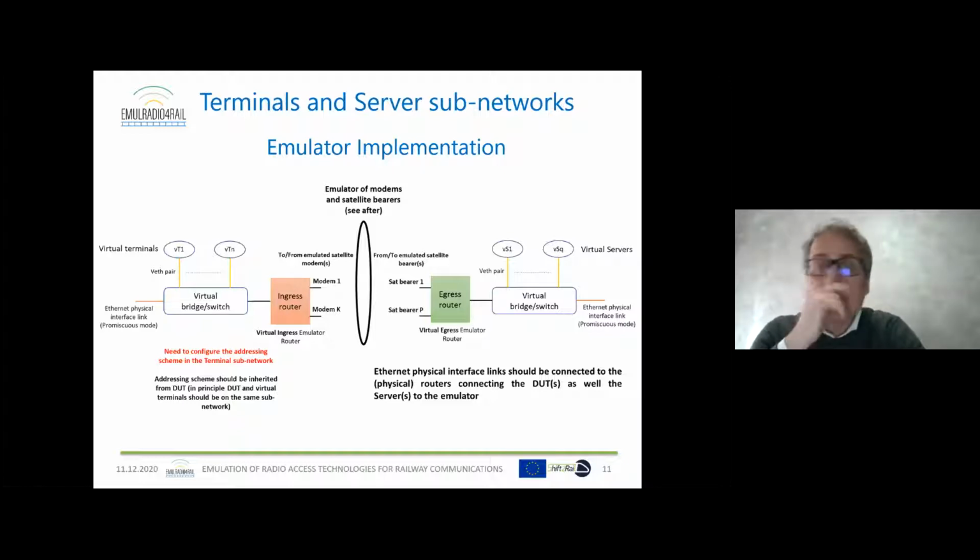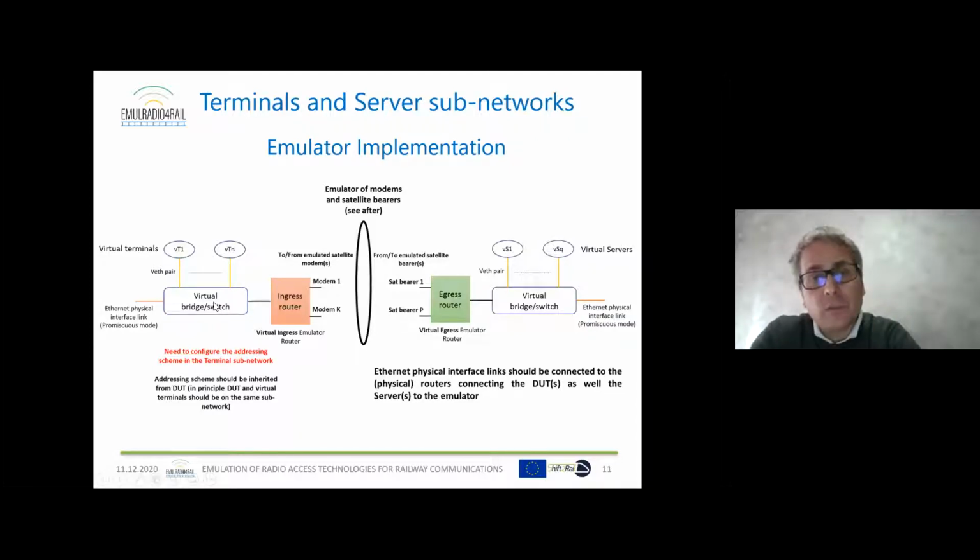If we consider the entire transmission of the satellite link and the implementation of the single components, we have the figure shown in this slide. On the left, we have the virtual terminals VT1, VTN, using the VETH application functionalities provided by the Linux operating system.